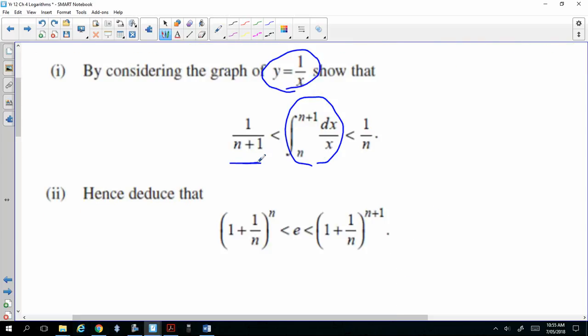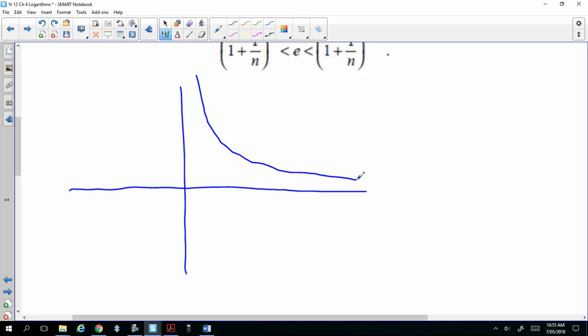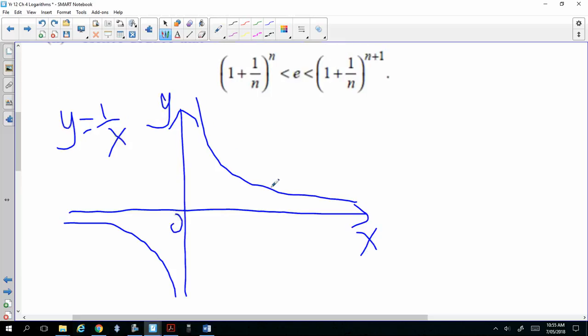Hopefully you remember this is a hyperbola. This is y equal to 1 over x. Hyperbola, like this. They say by considering the graph of 1 over x, use the graph to show why the integral is between these two numbers.